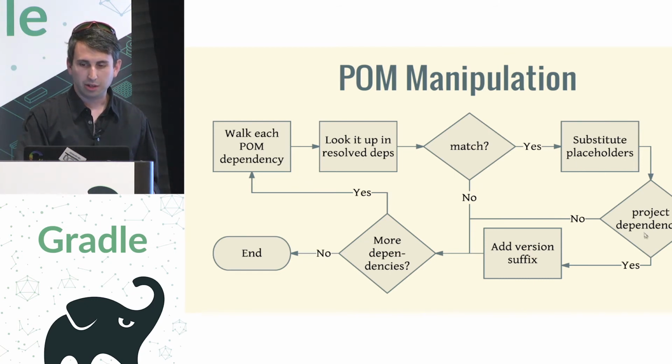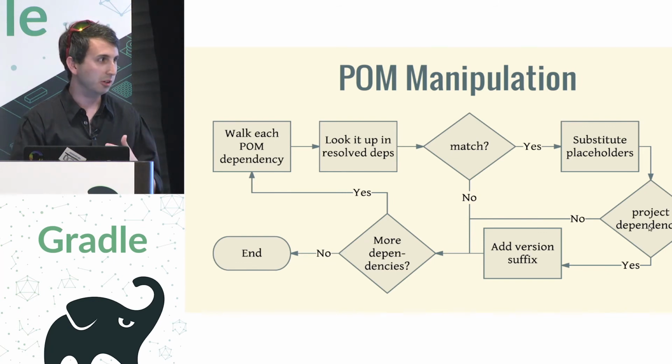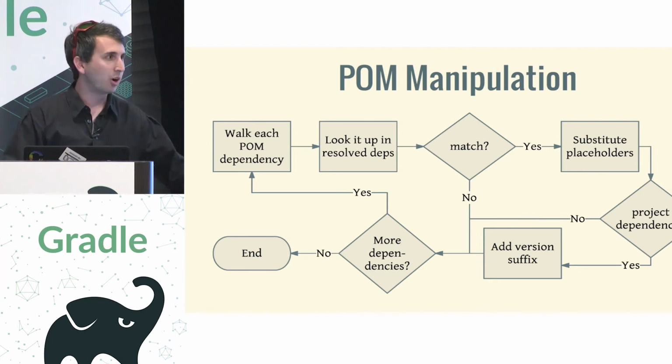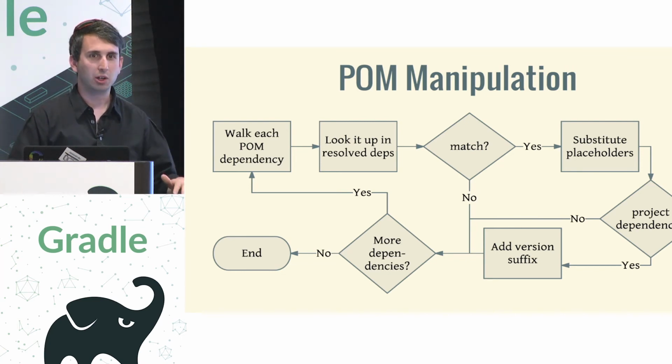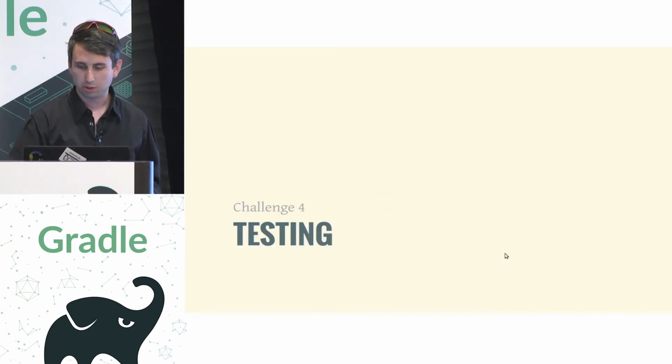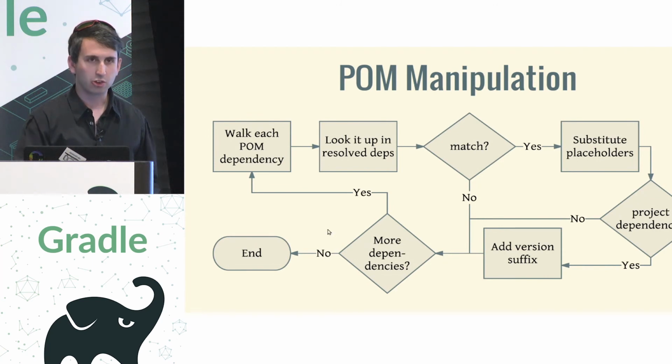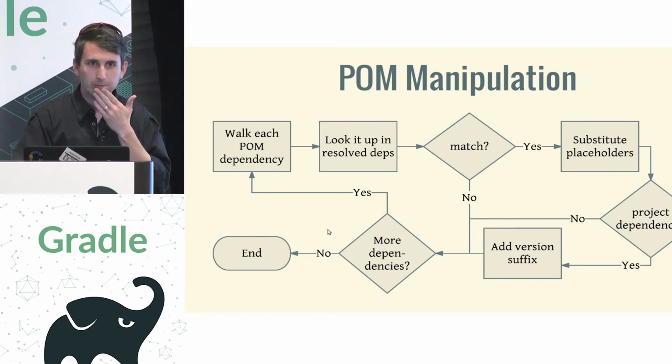And if it's a project dependency, so a dependency on another project in this build, and that sub-project also uses this plugin, then its name won't include the suffix, and I need to re-add the suffix onto it. And then I just loop through all the dependencies in the POM file. That code's an interesting read, but it was far too long to put on a slide. You can find it on GitHub if you're that interested.